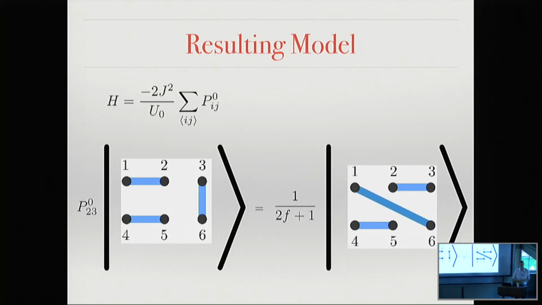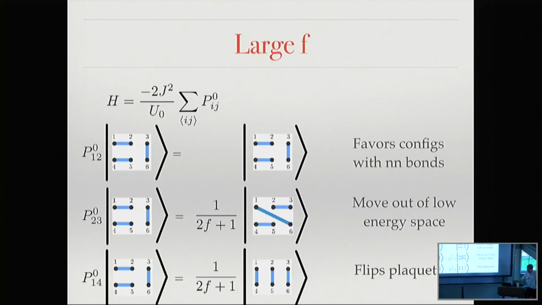And do you think the ground state is in this subspace? Good question. One thing you notice is that if I take some configuration here, and I look at all the terms which act on bonds that I already have occupied, that's a diagonal term.